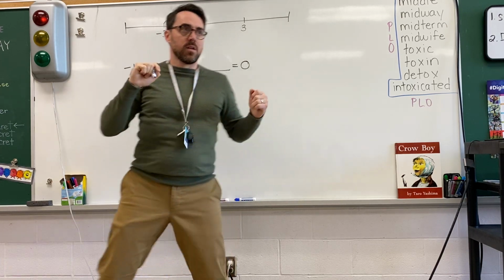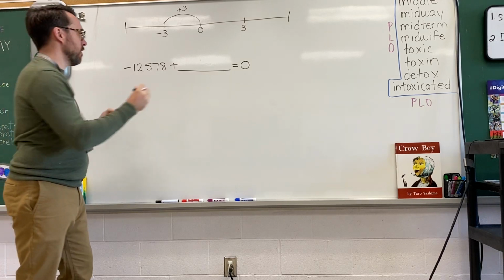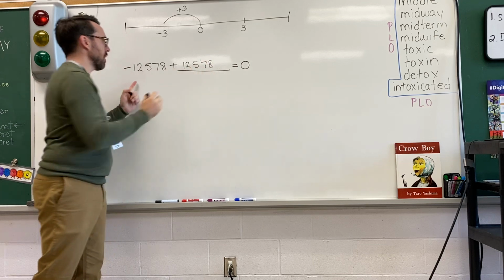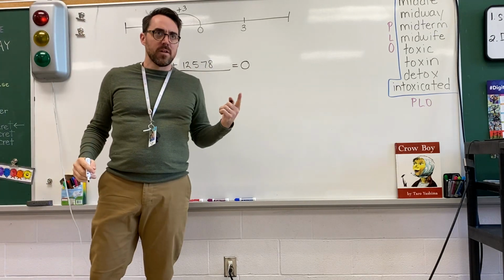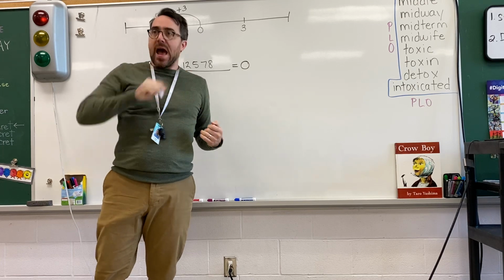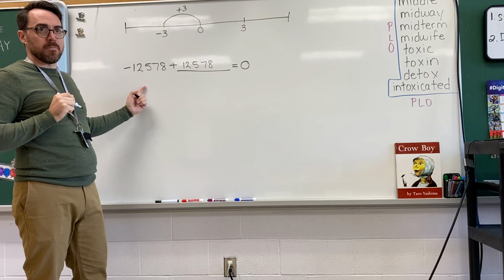Quinn? 12,578. Yeah. Okay? That number can be any negative number. To get back to 0, you add that number back. Okay? Whether it's 3 or 12,000.